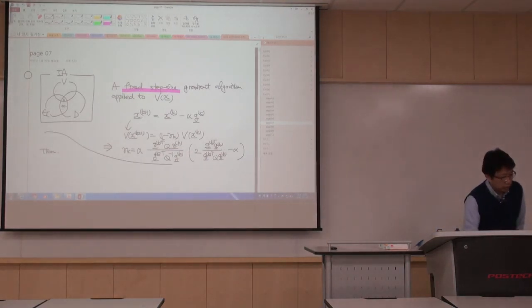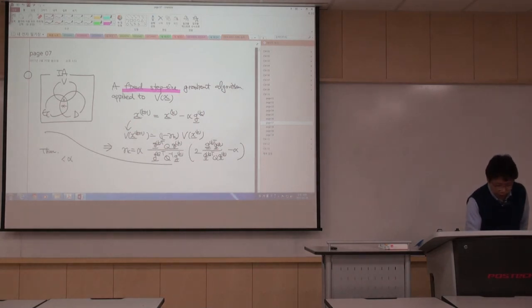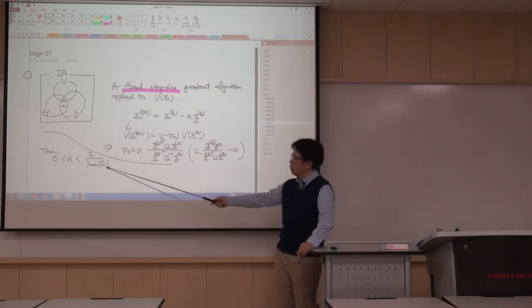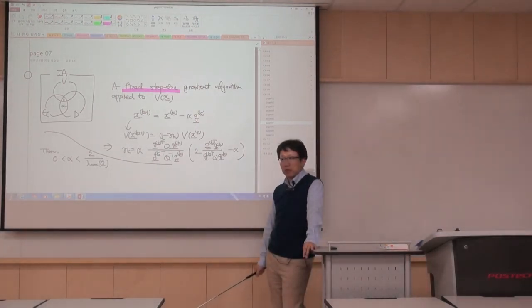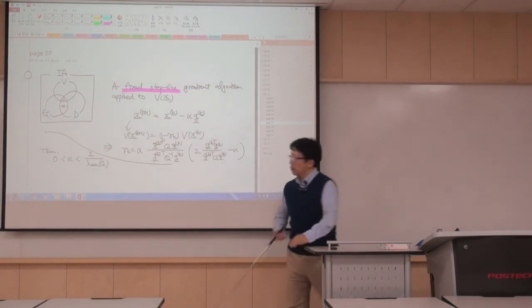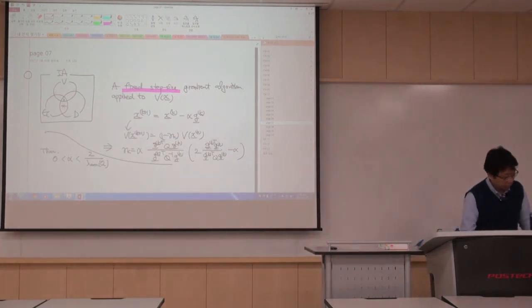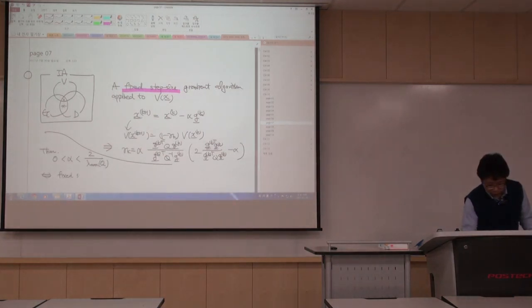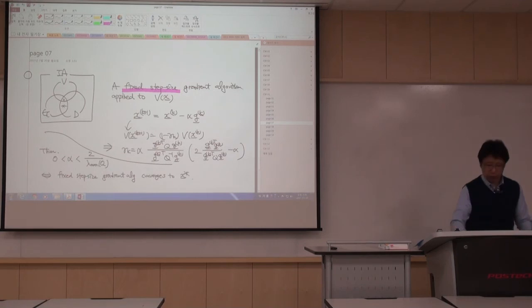This is the result: if you choose the step size as a positive number less than 2 divided by the maximum eigenvalue of the symmetric positive definite Q matrix, then your fixed step size gradient algorithm converges to the global minimizer.